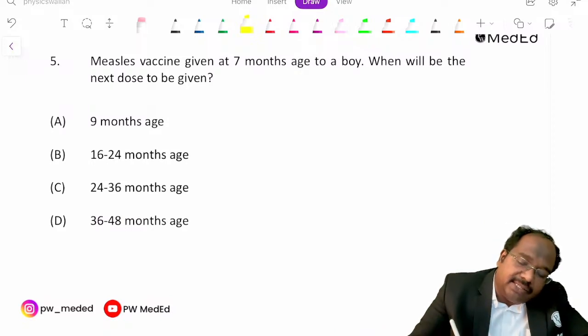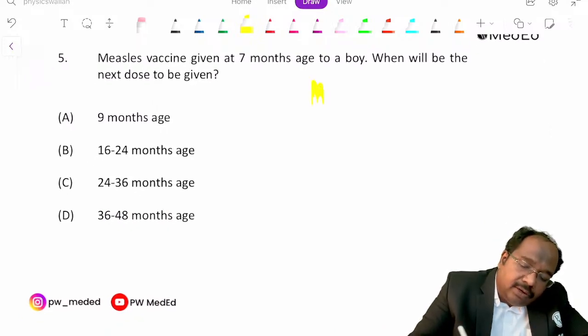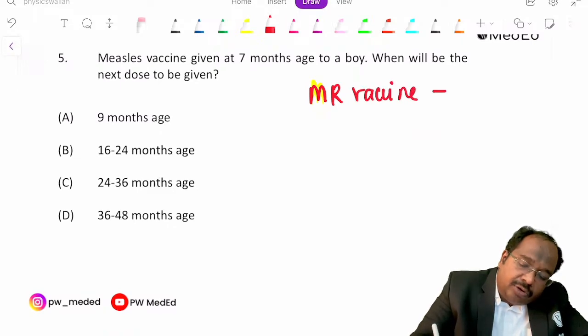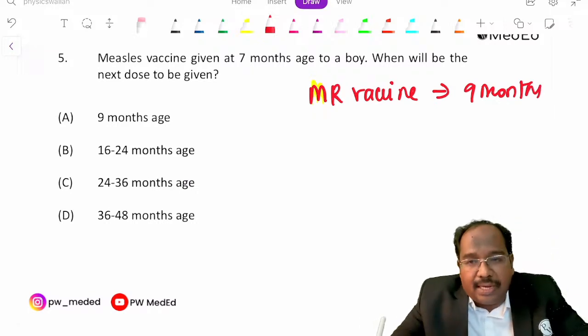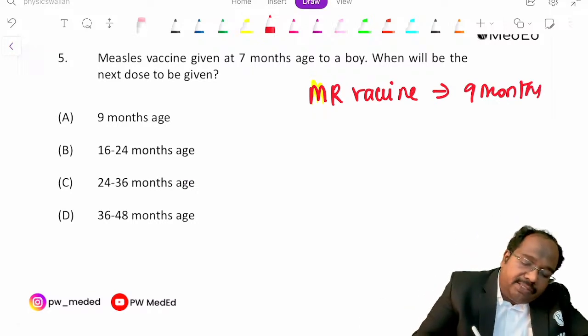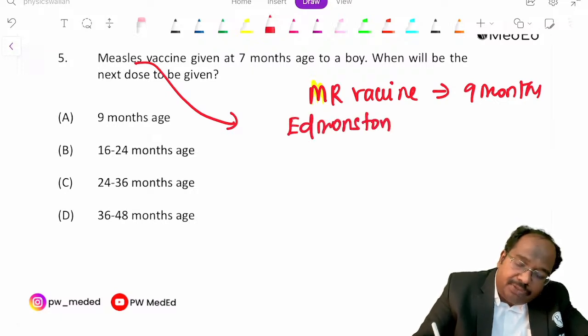Measles vaccine, MR vaccine. We give MR vaccine usually at 9 months. It's a live vaccine. The measles vaccine strain is the Edmonston Zagreb strain.